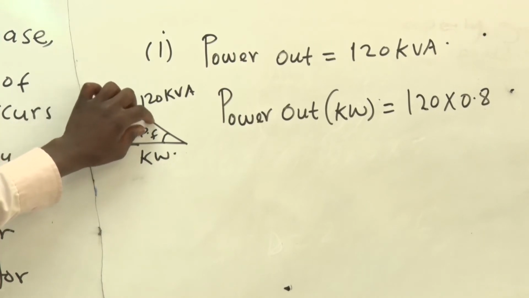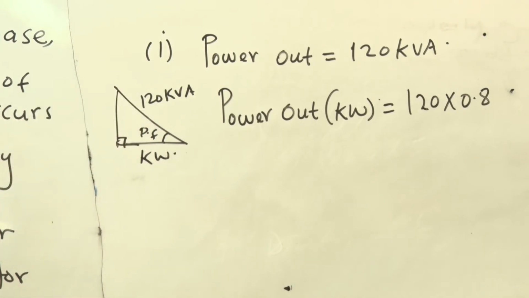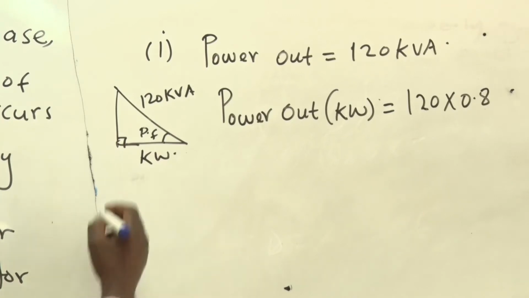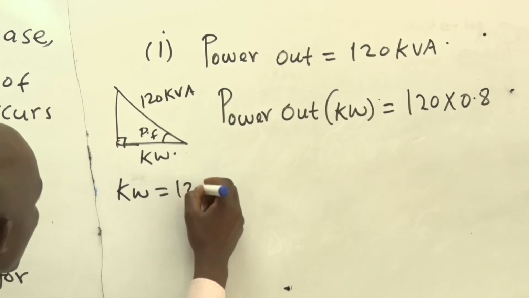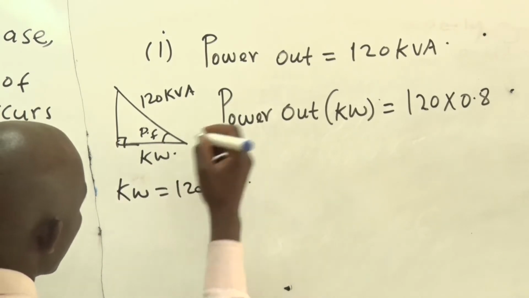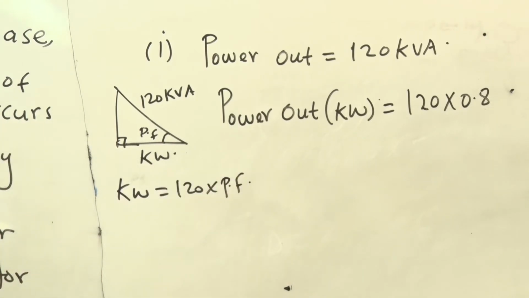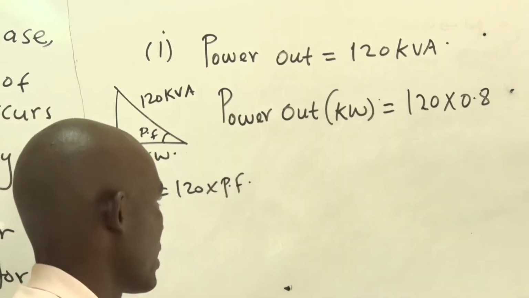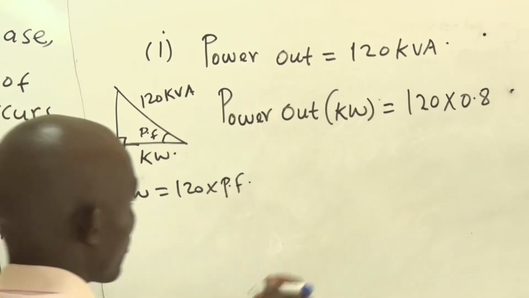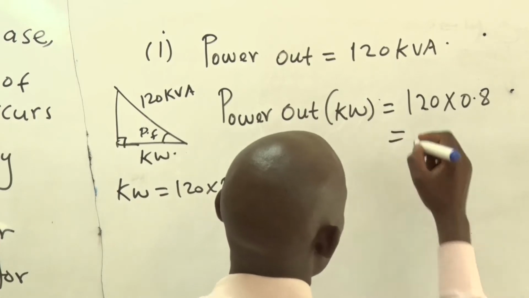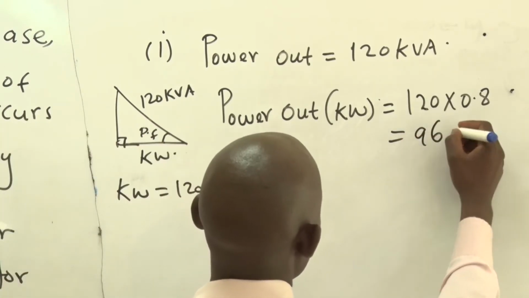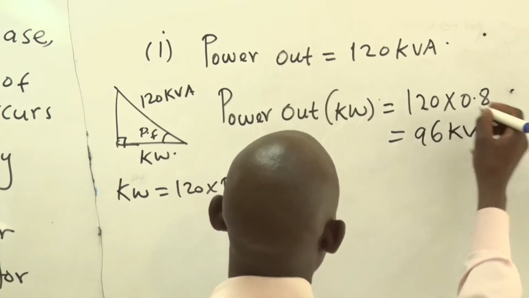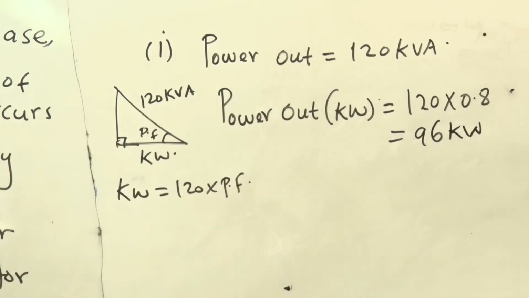The cosine of this angle is what has been given as 0.8. So to get the kilowatts is the same as 120 times the power factor. And that is why we have multiplied on this side. So this should give you around 96 kilowatts. So the total output of that transformer is 96 kilowatts.